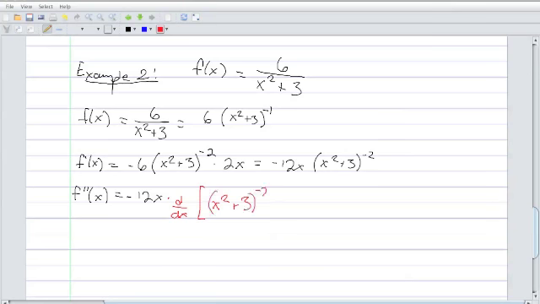So I've got to take this derivative. So the first times the derivative of the second, plus the second times the derivative of the first.